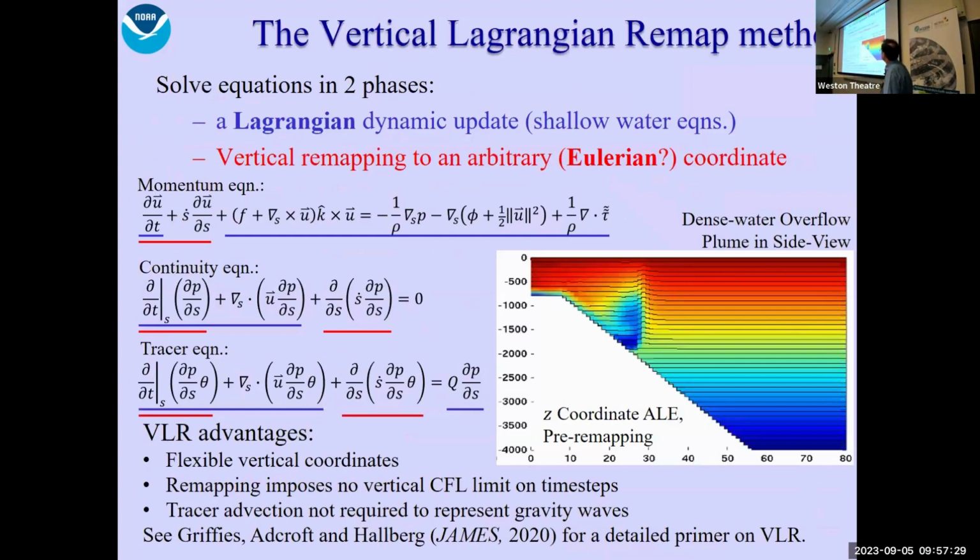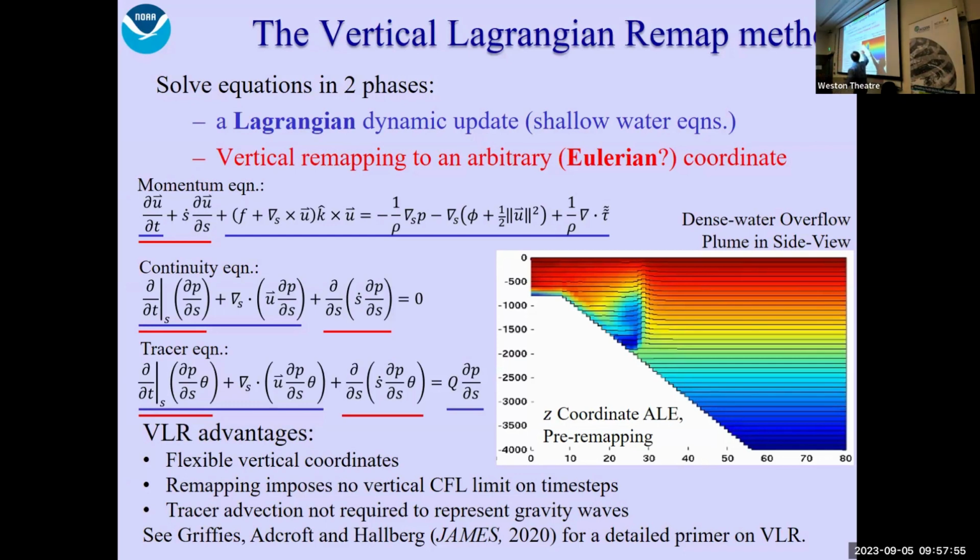Now, the vertical Lagrangian remapping method is relatively straightforward. These are the shallow water equations, but you can break this up into essentially the stacked shallow water equations where the vertical coordinate moves, and then we will periodically remap it to your target coordinate. So this is an example of a side view of a descending dense plume that's rolling up. But this is before we've done the remapping into a z coordinate.